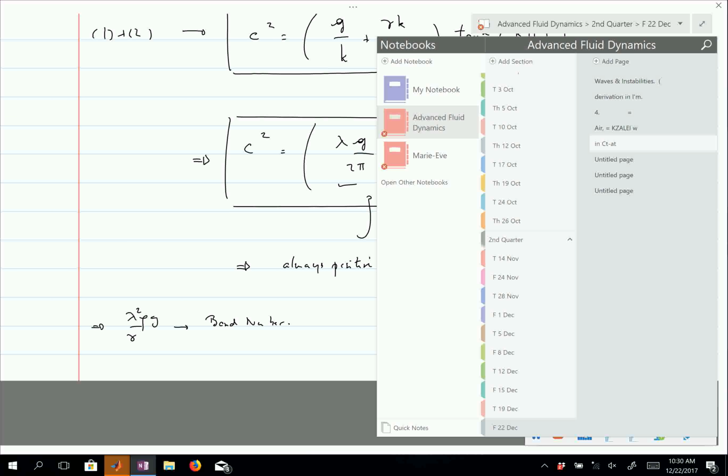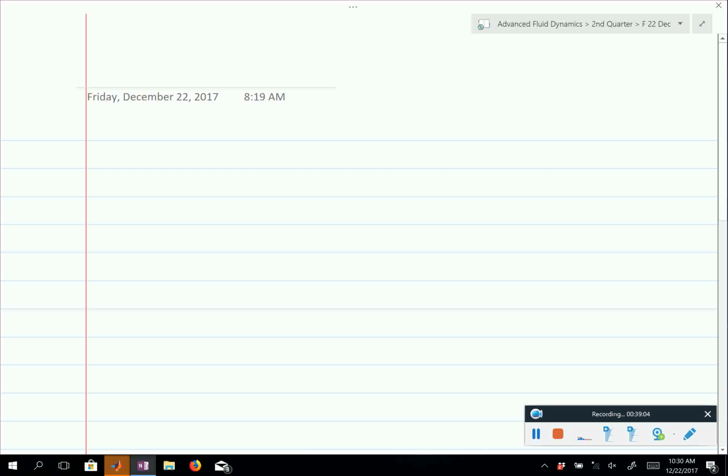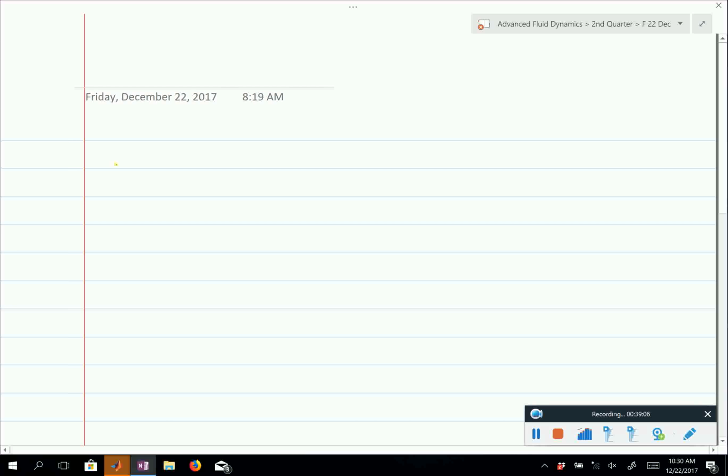So let's start with assuming that, number one, we can neglect the effect of surface tension. And that is going to be true for any wavelength which will be larger than, say, the capillary length.